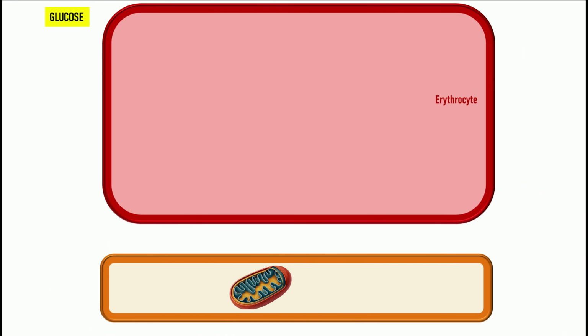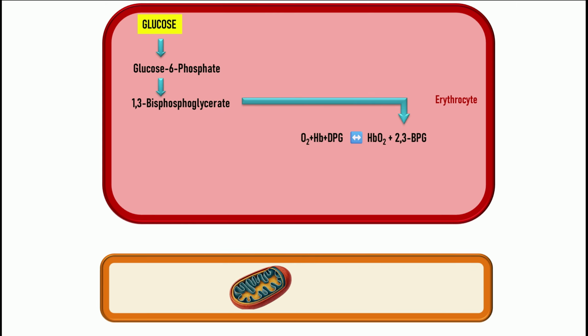This is the metabolic pathway of 2,3-BPG. Glucose enters the red blood cell and is converted to glucose 6-phosphate and then to 1,3-bisphosphoglycerate. Some of this is diverted and converted to 2,3-BPG. This is the Rapoport-Luebering shunt. It binds reversibly to hemoglobin when oxygen tensions are low.